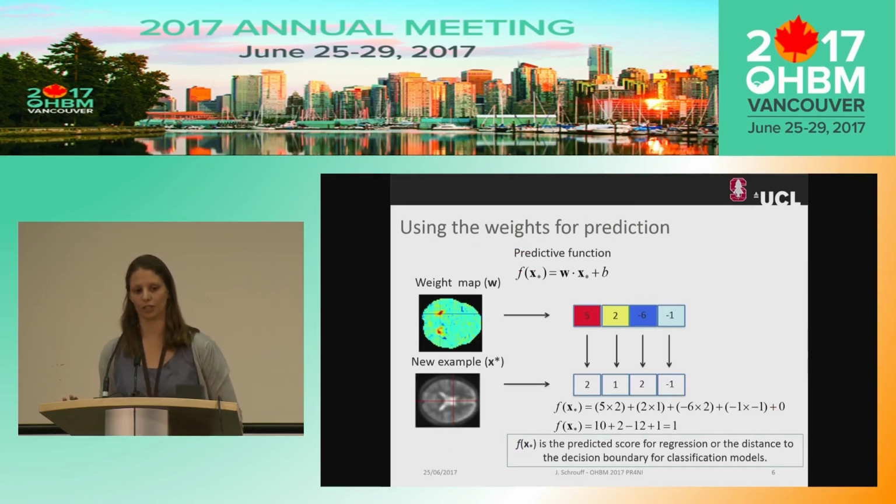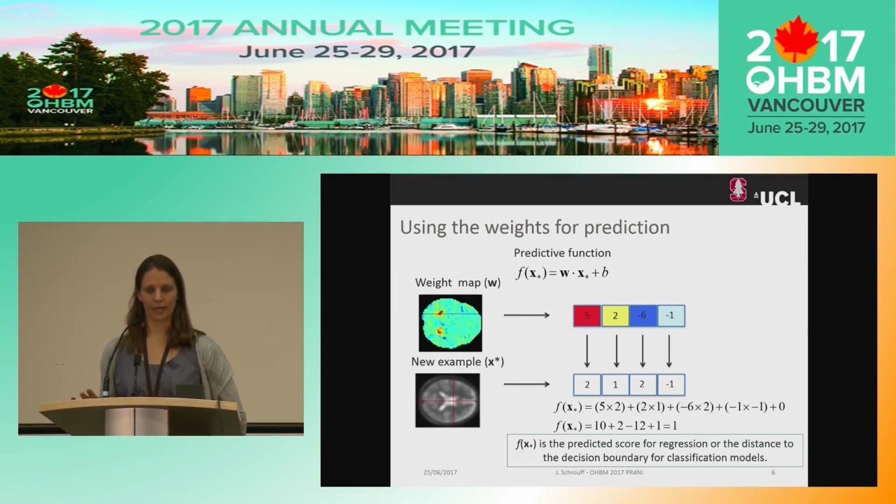So if we make a prediction, we have a 4-dimensionality problem here with a weight map that has 4 voxels and 4 values, and we take a new example, and we predict and we obtain a function value of 1, and that's either the regression target that you obtain, or it's the distance to the decision boundary.